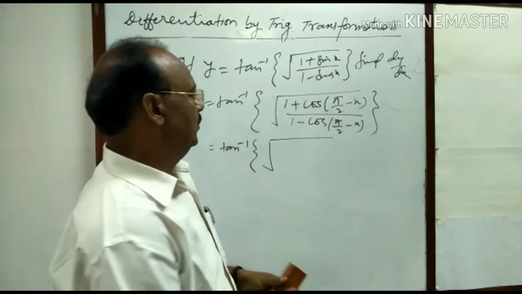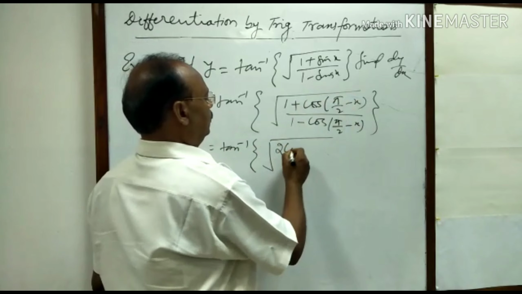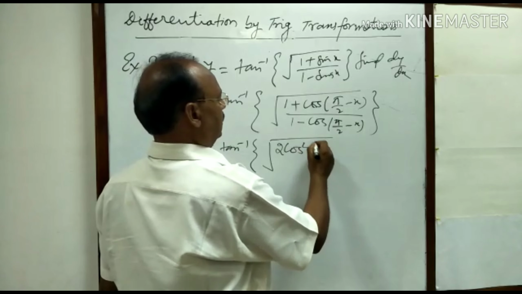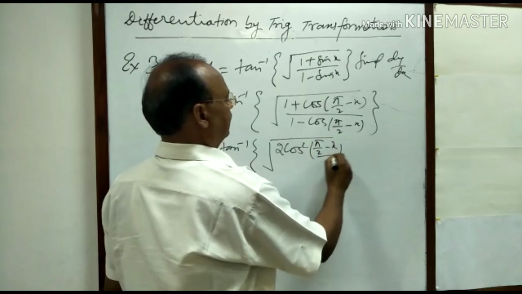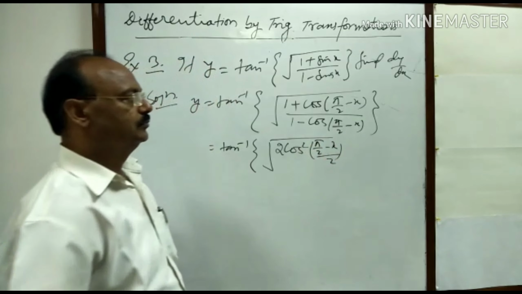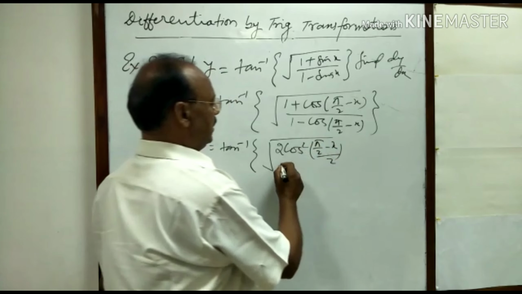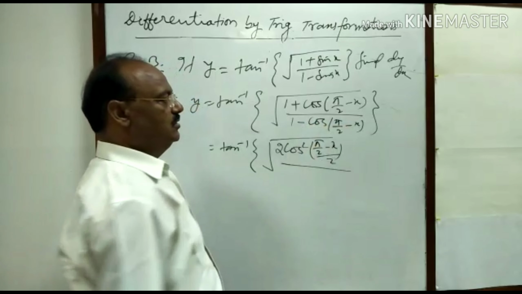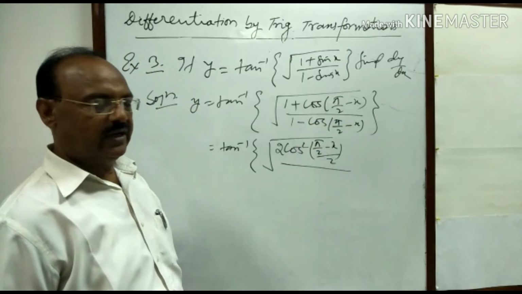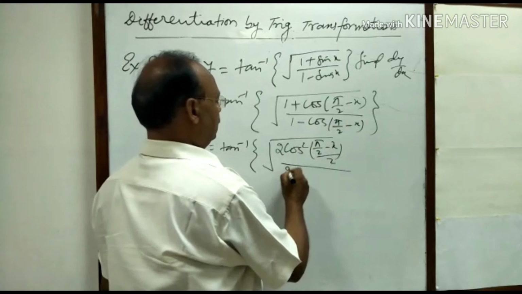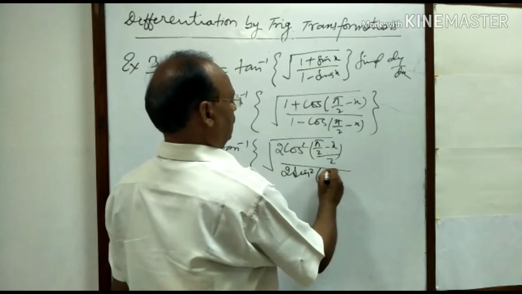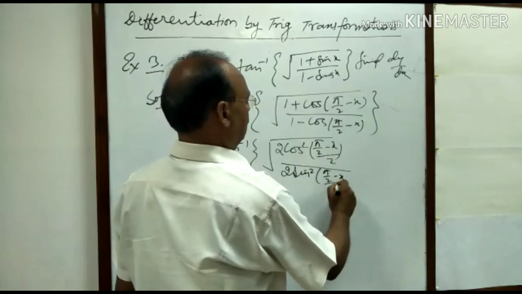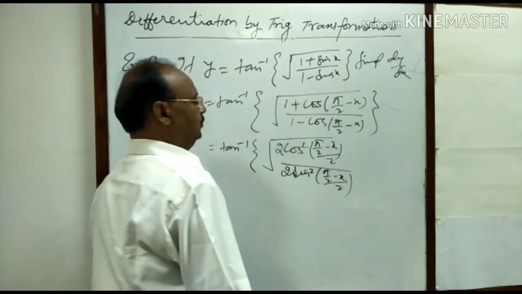So with the help of this formula, we can write here 2 cos square of (pi by 2 minus x) whole divided by 2. And similarly, 1 minus cos theta is equal to 2 sin square theta by 2. So this is equal to 2 sin square of (pi by 2 minus x) whole divided by 2.